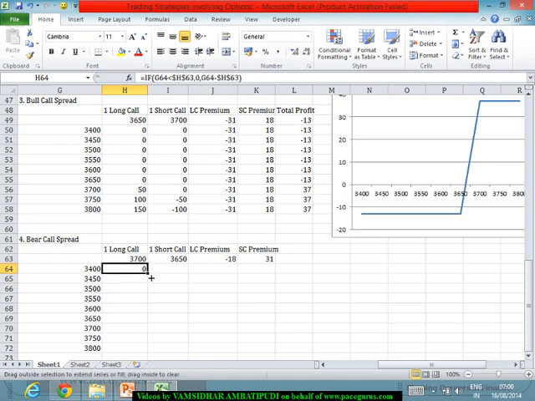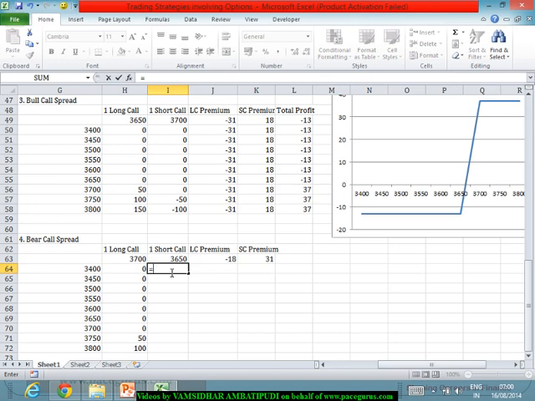Similarly, in a short call position also, the long will not exercise it until the market price crosses the strike price. So as long as it is less than the strike price, the payoff is going to be zero. But after that, it's going to be a loss to the short call position to the extent the market price is above the strike price.